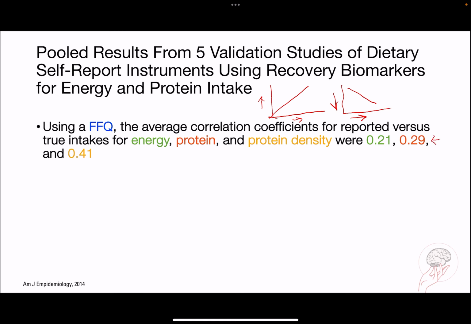They're both increasing together. But these are fairly low correlation coefficients. So for energy, it was 0.21. For protein, it was 0.29. And for protein density, it was 0.41. For reference, a good correlation coefficient is around 0.8.